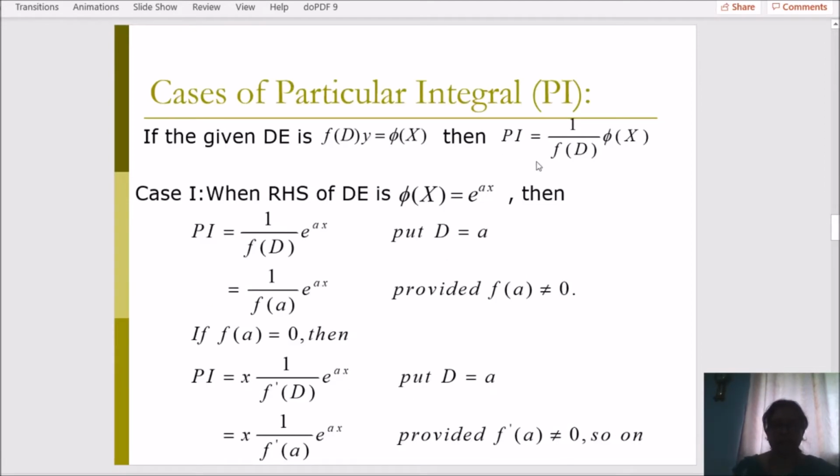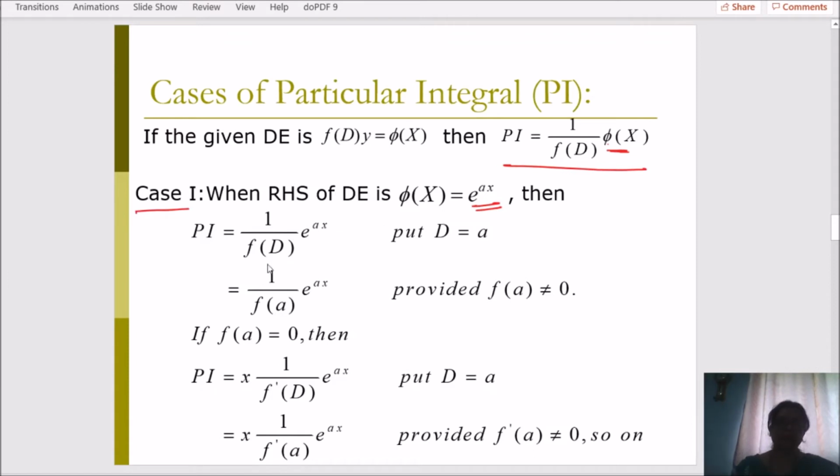Now we consider here PI, first case. First we write down PI in the form of 1 upon function of D into phi of x. Now PI cases depend upon this phi of x term. Now case 1, whenever the right hand side, that means phi of x, is e to the power ax.